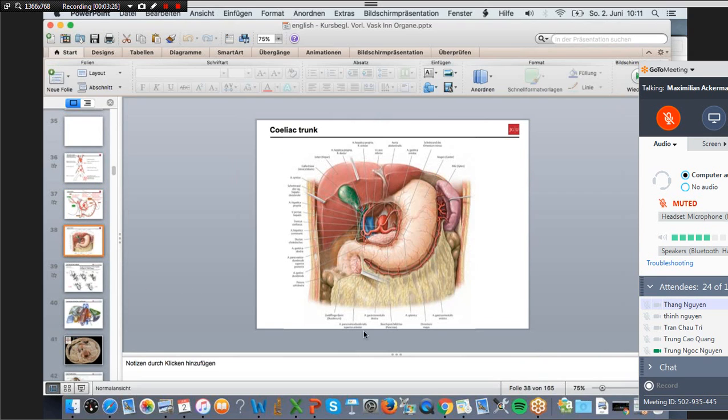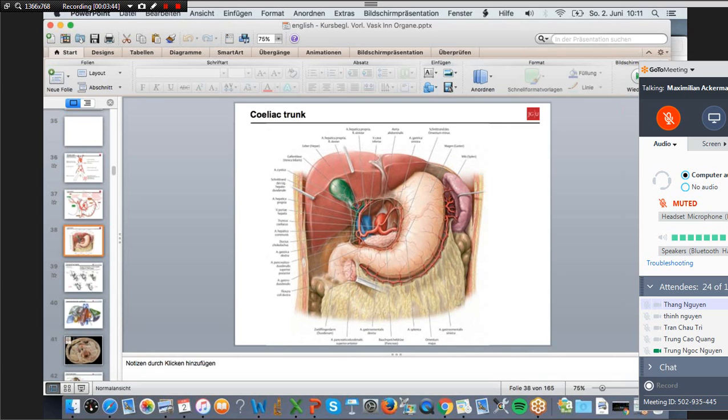This is the high power view again. You see the splenic and the common hepatic artery with the right gastric artery. This is the proper hepatic artery, the left one and the right one. I also mentioned that there are some variations.